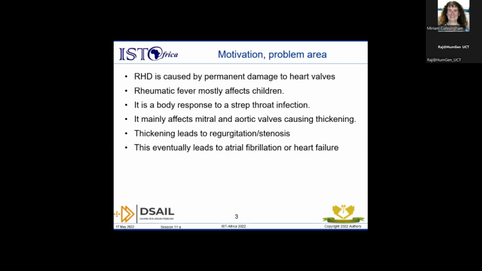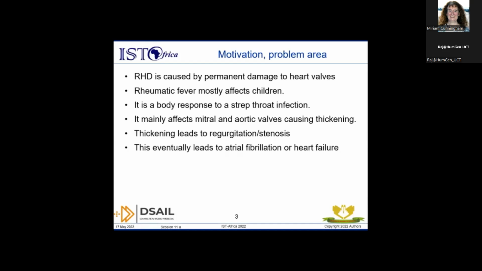In this paper, we focused on rheumatic heart disease as one of the cardiovascular diseases. Rheumatic heart disease is a cardiovascular disease that is caused by permanent damage to the heart valves, and it is due to inflammation and scarring that is caused by repeat attacks of rheumatic fever.